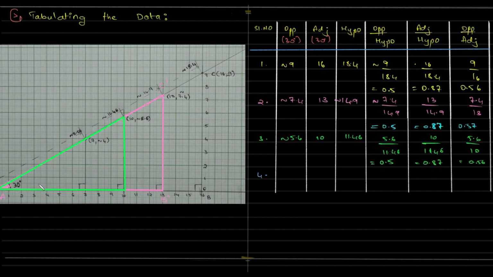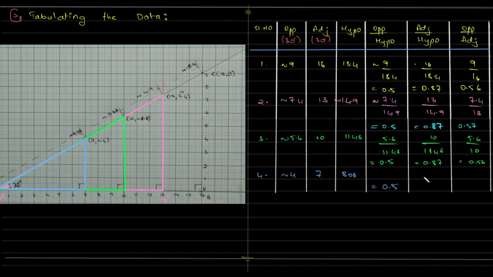And at last, this triangle. So here in this case, the opposite is approximately 4, adjacent is 7 and hypotenuse is 8.06. So it's very clear. These ratios are 4 divided by 8, which is 0.5.